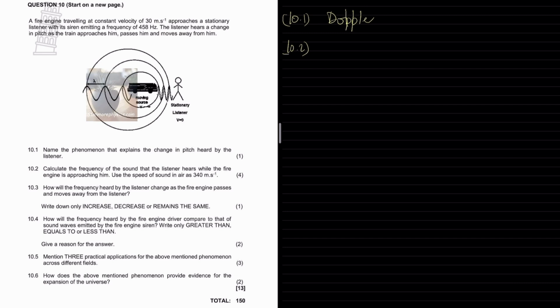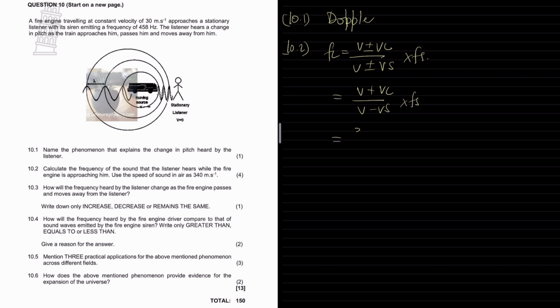10.2. Calculate the frequency of the sound that the listener hears. So here we're going to say FL is going to equal V plus minus VL over V plus minus VS times FS. Since it's approaching, we will take a big top, so plus, and a small bottom.